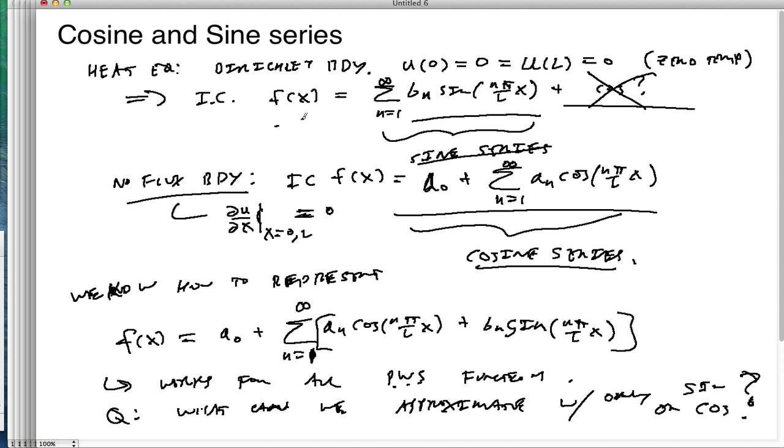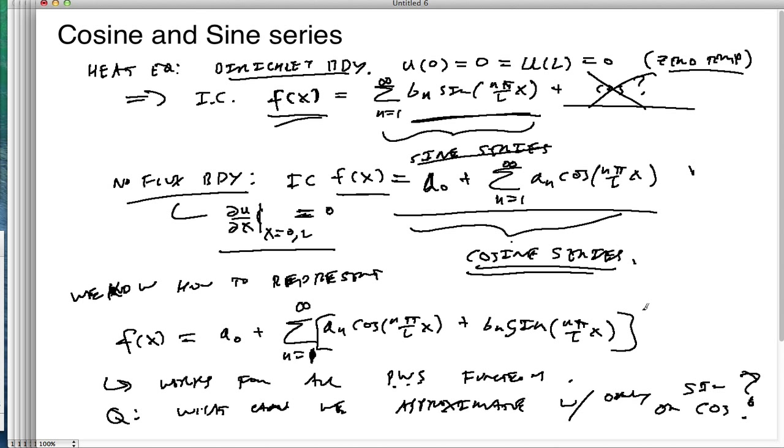And clearly this has a direct application, because we see that out of the Dirichlet boundary problem, the zero temperature problem, we had a sine series only. And for the no-flux boundary, where we had a zero derivative on the boundaries, we had a cosine series only. So the question is, if I pick any initial condition for f of x, can I represent this initial condition as a cosine series or only as a sine series?